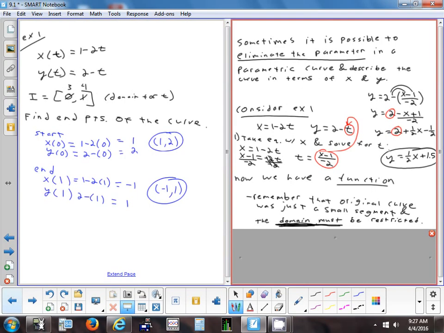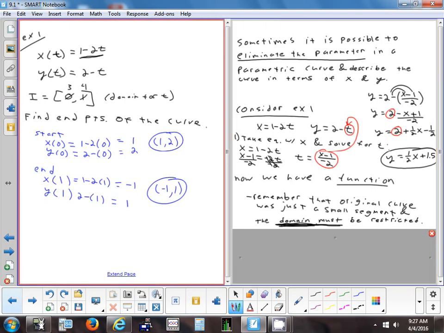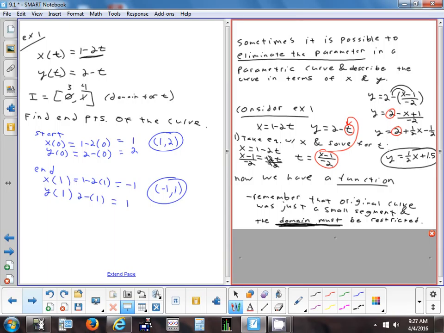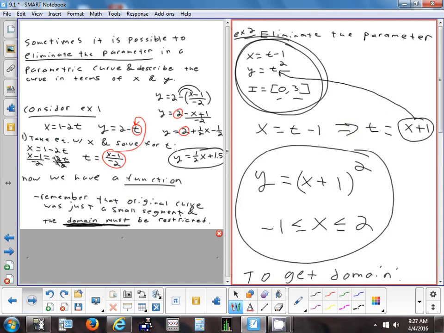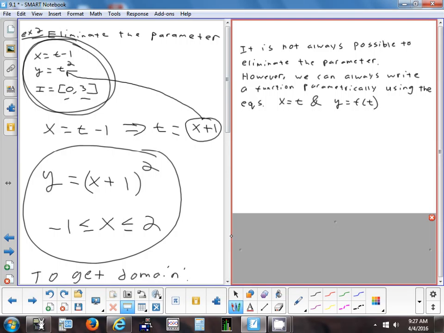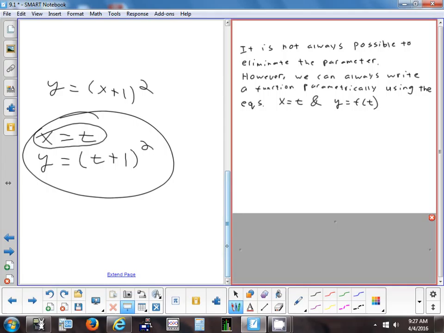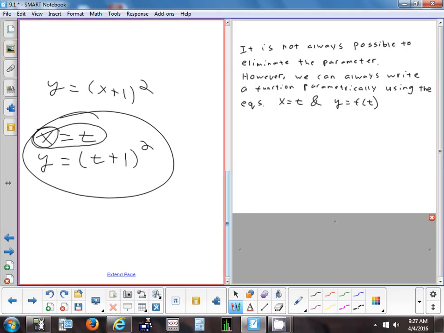It's not like one of these equations where you have to get t by itself. Now you would take what t equals and plug it in. If you plug it back in, you're going to get y equals x plus 1 squared. So it changes it right back to what it was.